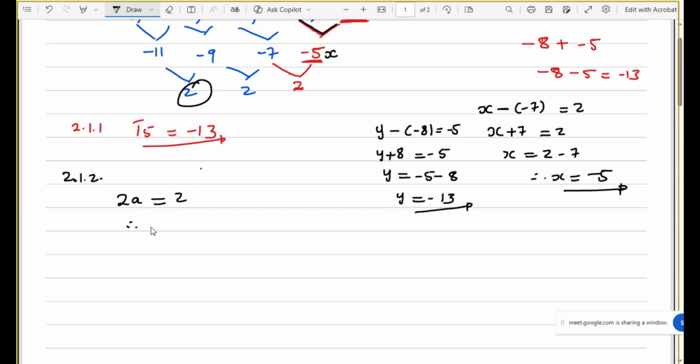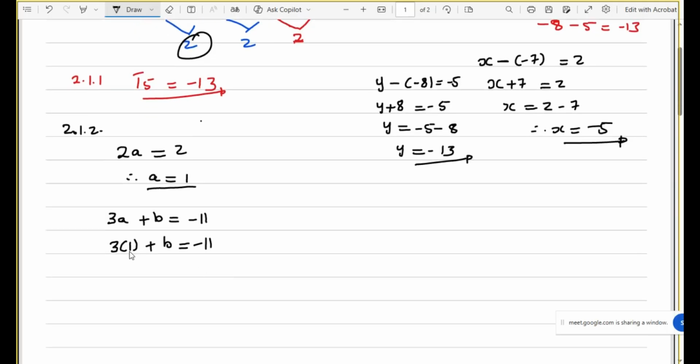Dividing both sides by 2 gives us a equal to 1. That's the first thing you do. Number 2, find the value of b. Use the following formula: 3a plus b equals the first term of the first differences, which is minus 11. You already know a, so substitute that and solve for b.